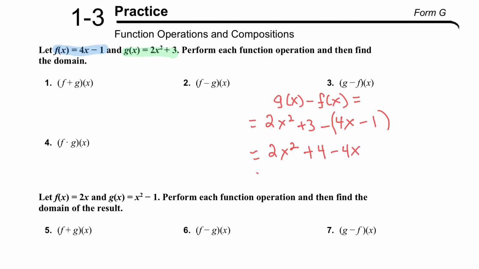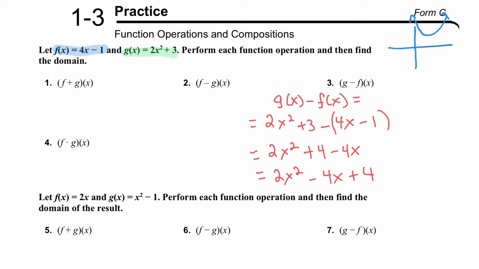And then you want to write it in the correct order, in descending order of the powers. So you have 2x squared minus 4x plus 4.